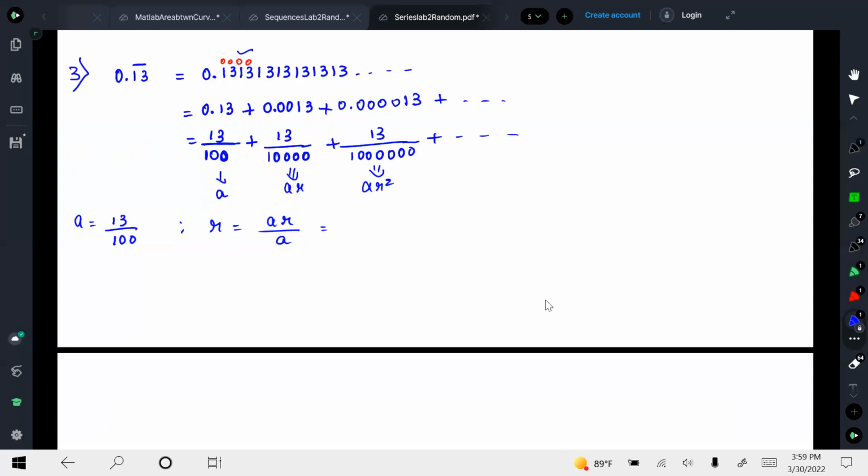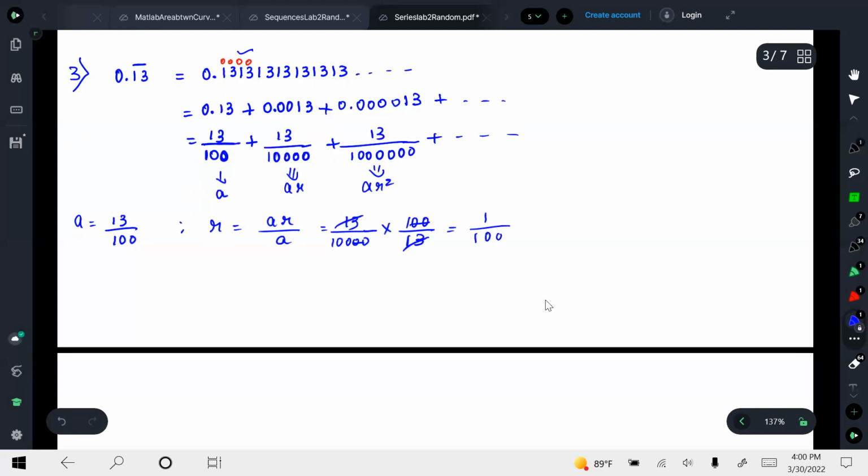The second term is 13 divided by 10,000, divided by 13 by 100. You can take the reciprocal and cross multiply. The zeros cancel, 13 and 13 cancel out, and the left out is 100. So the geometric ratio of this series is 1 by 100, and again, this is less than 1.